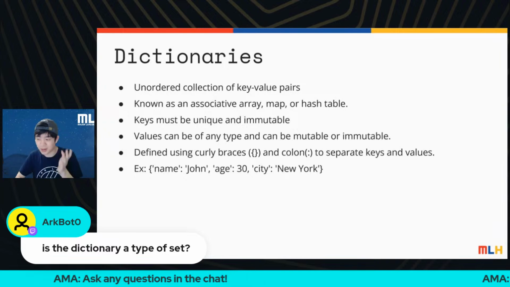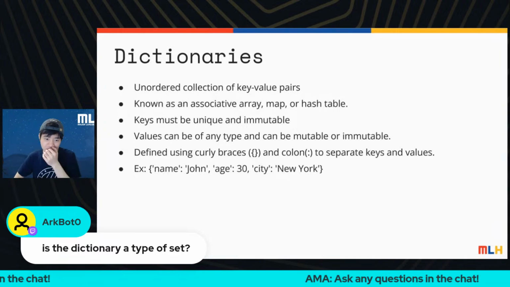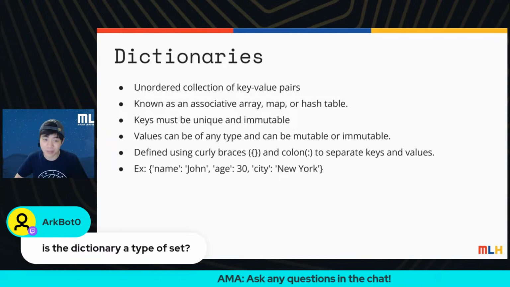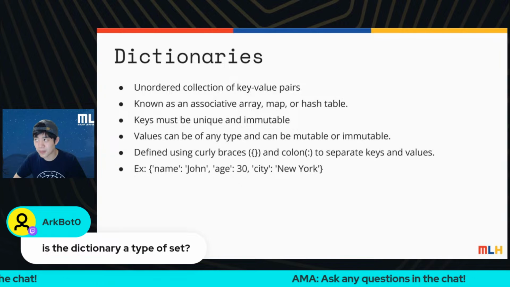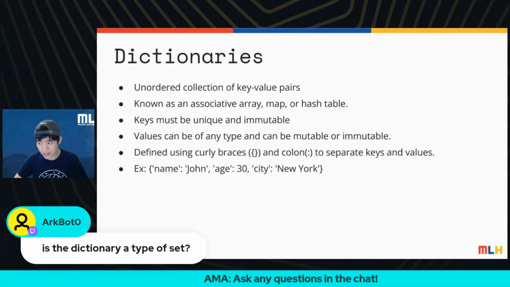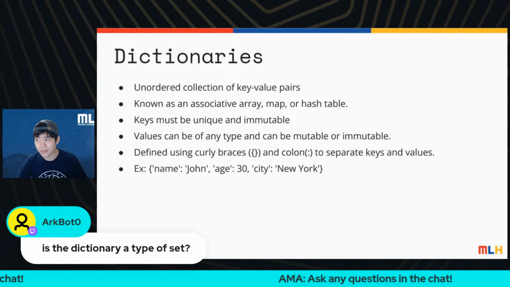Remember, computer science is built on math. You have to break out a lot of math theories and definitions, look at computer science definitions, and mash them up. I'm just going to say dictionaries are also known as maps and hash maps, and they have shared properties with sets. I can't say for sure if a dictionary is a type of set. I want to say no, because a dictionary is a whole different type of data structure than a set, but they share similarities.